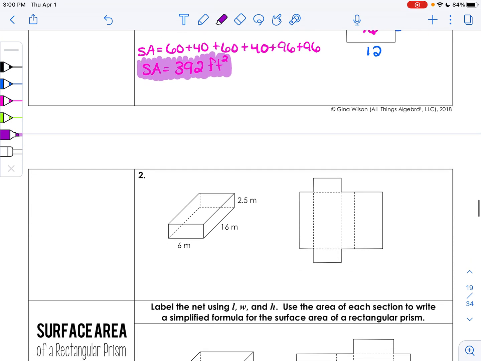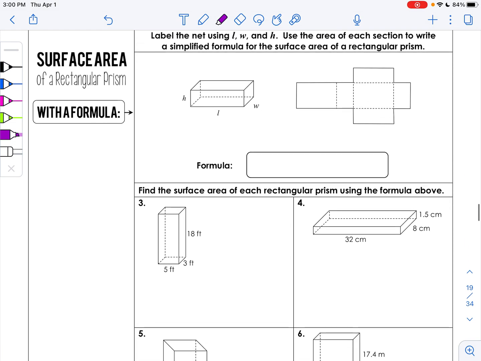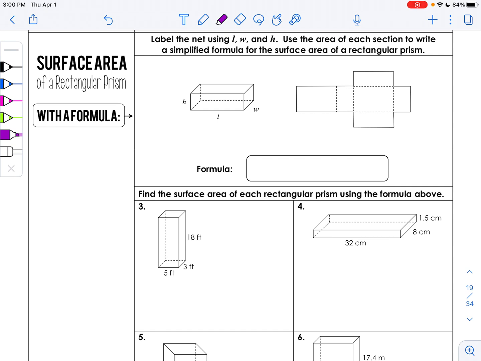Go ahead and highlight number 2 on that next page. And then we're going to keep looking at rectangular prisms, but from a little different way. So there is a formula to help you find the surface area of a rectangular prism.